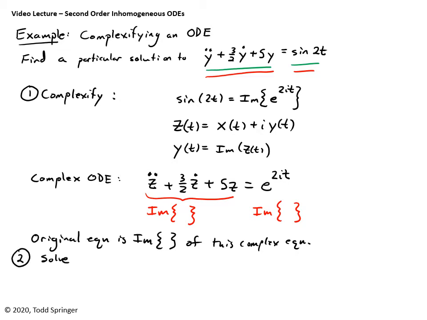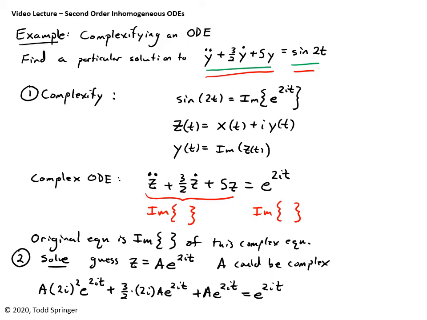I'm trying to get a particular solution. So I'm going to guess z is equal to some constant a times e to the 2it, and a could be complex. Let's plug it into the ODE. And that's what it looks like. I have a 2it in every term.